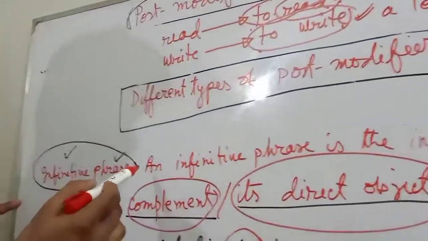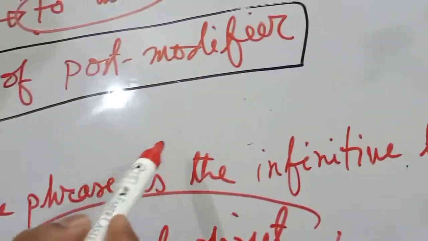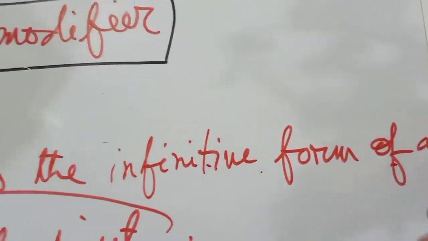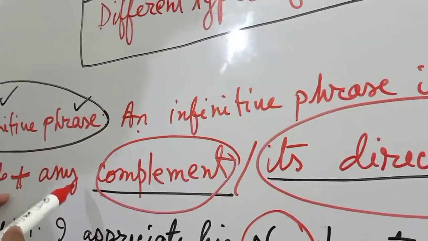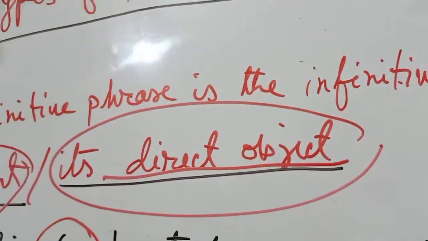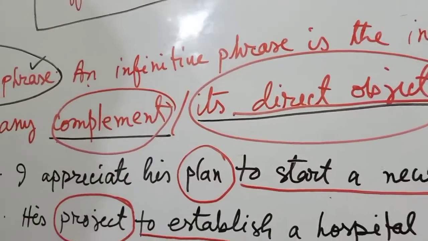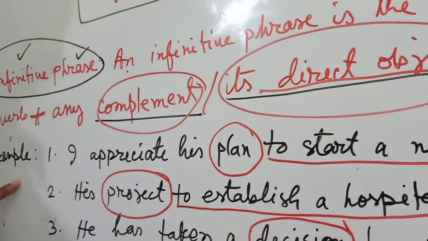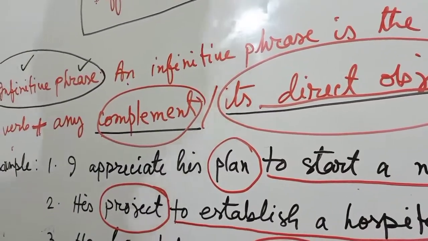So the definition: an infinitive phrase is the infinitive form of a verb plus any complement or its direct object. We can be clear seeing the examples, please see the examples.